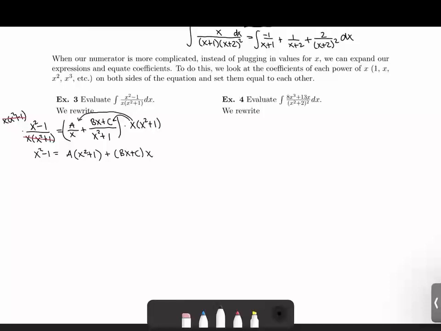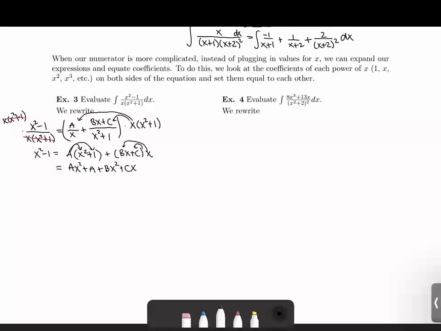So because they're not factorable, that means there's no value of x that's going to make them be 0. So we need to try a different strategy. And so what we're going to do is just FOIL out our right-hand side. So when I do that, I get ax squared plus a plus bx squared plus cx.